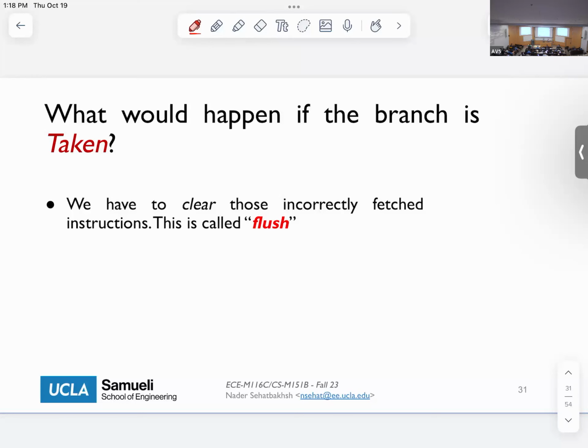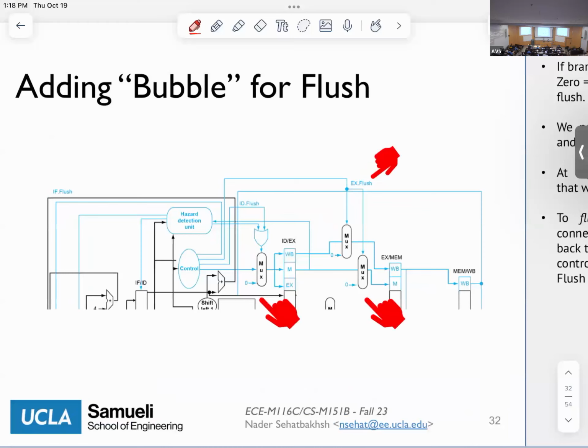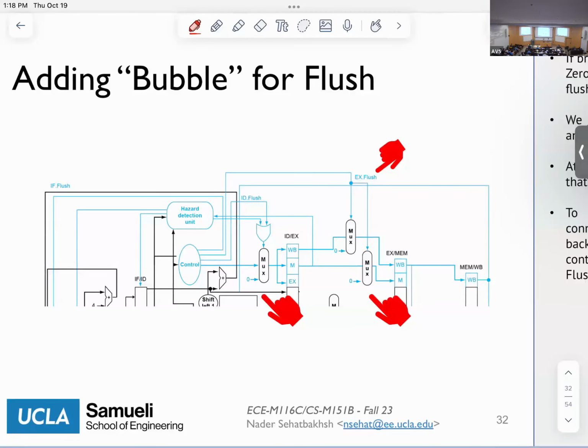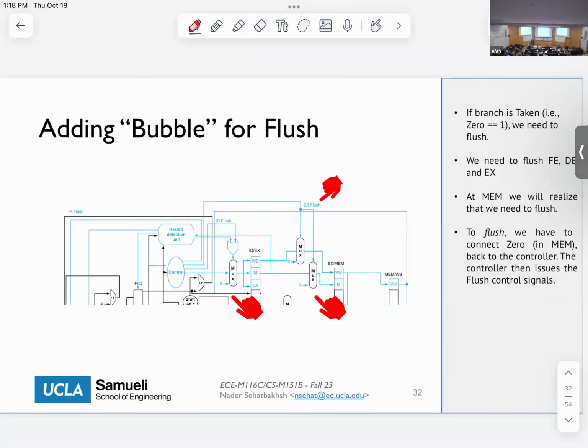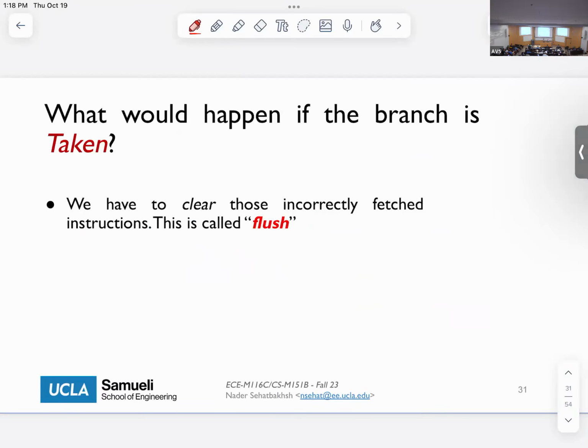So let's see how we actually do this. The idea is that we're going to add bubbles for the flush. Whenever we decide that we made an incorrect decision, for example, going back here, I have a branch, and so let's say fetch, decode, execute, memory, write back.